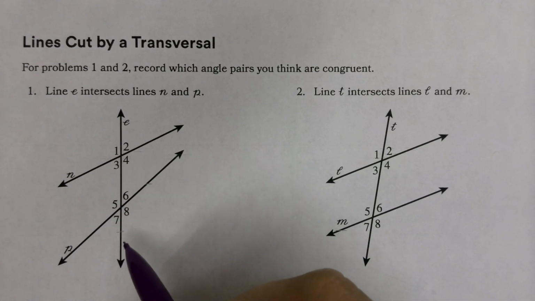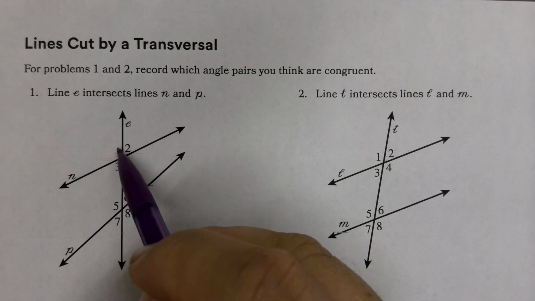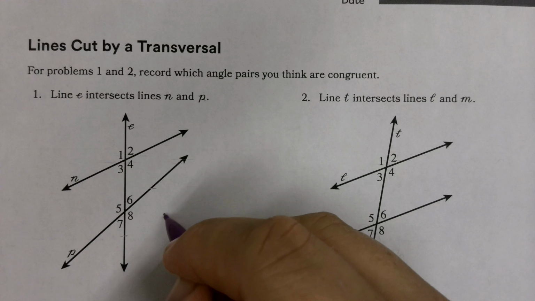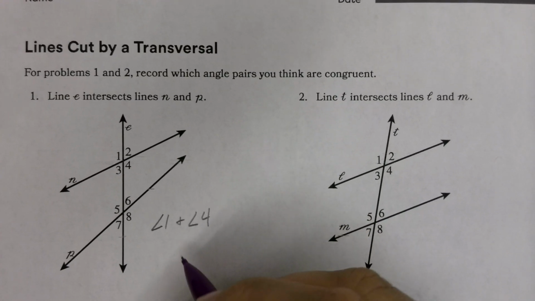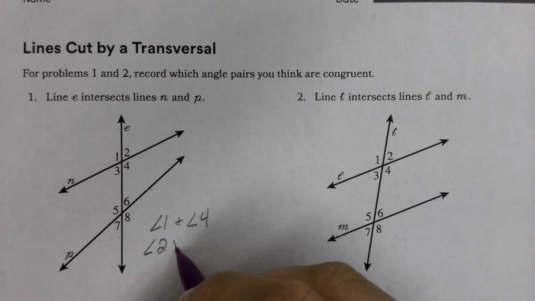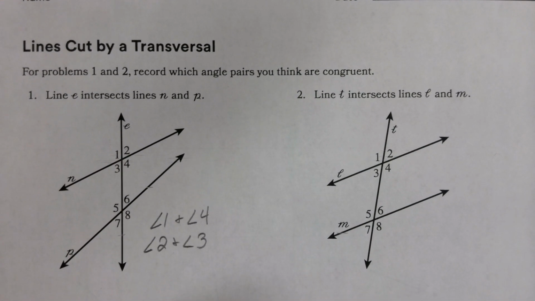If we remember anything about our angles from an earlier lesson, we would know that angle 1 and angle 4 are congruent. Angle 2 and angle 3 are congruent because they are vertical angles.